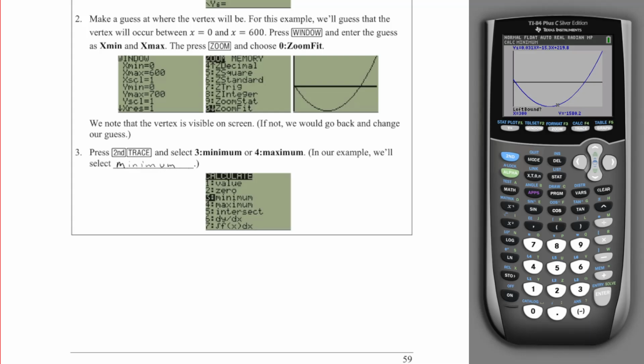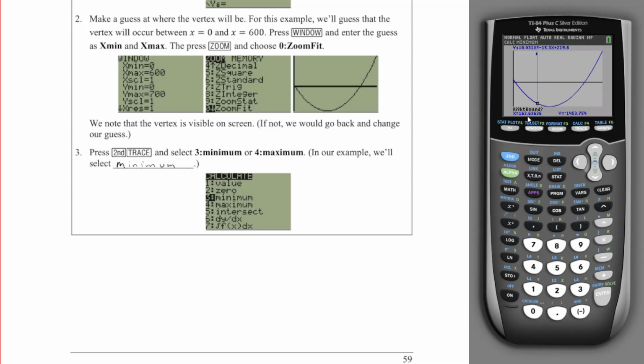And now let's look at the prompts here. So at the top of the screen, we see just what function we're graphing. And at the bottom of the screen, we see we're being prompted for a left bound. We want to put that anywhere to the left of the vertex. So now we're to the left of the vertex. We hit enter.